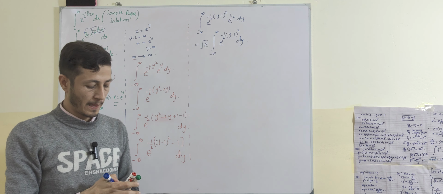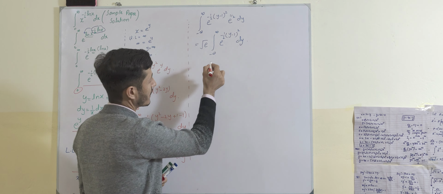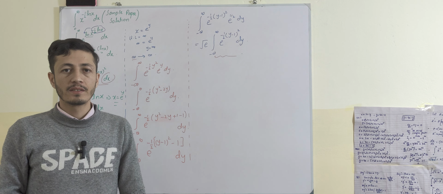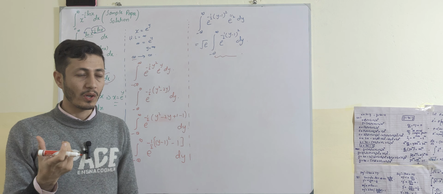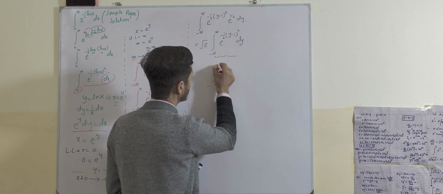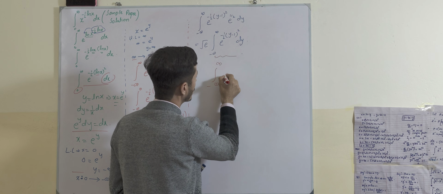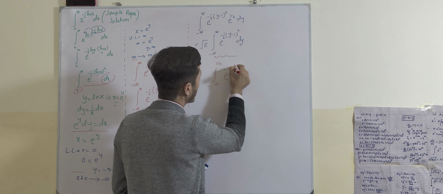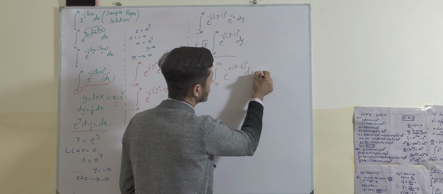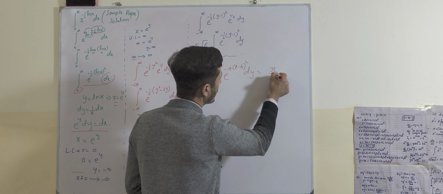Okay, this integrand, we already solved it in my first video. In my first video I explained how I can write this integral from minus infinity to infinity e power minus a x minus b whole square del x is equal to root of pi by a.